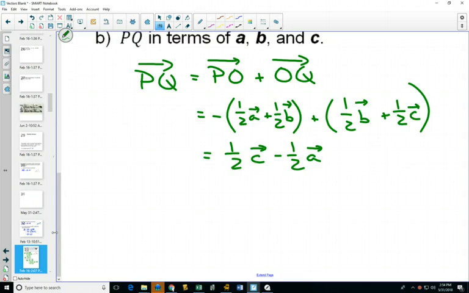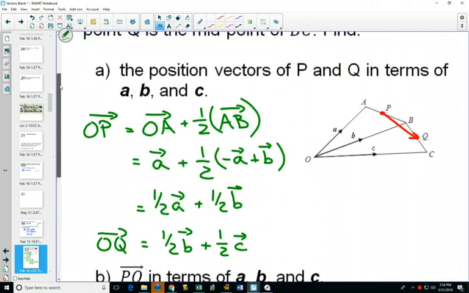So 1/2 c, if I draw a 1/2 c here, and I draw a negative 1/2 a, if I drag this vector starting at P, and this one, it works out perfectly to go from P to Q.